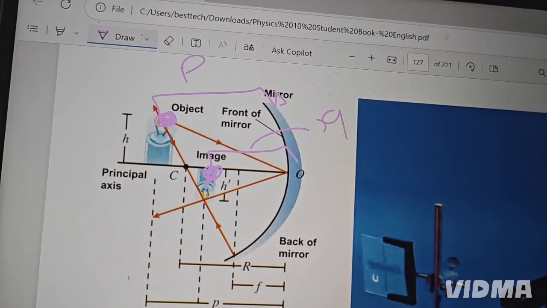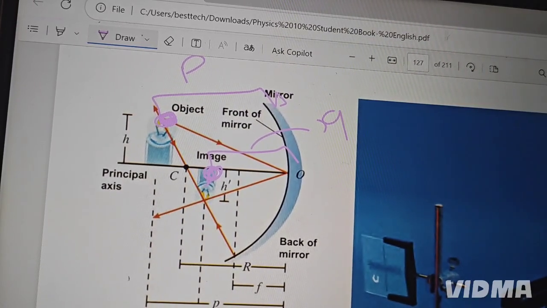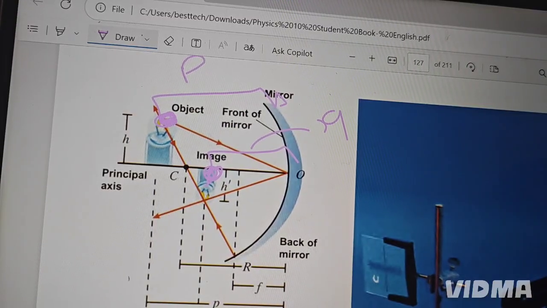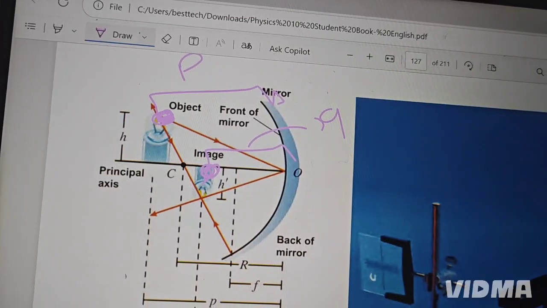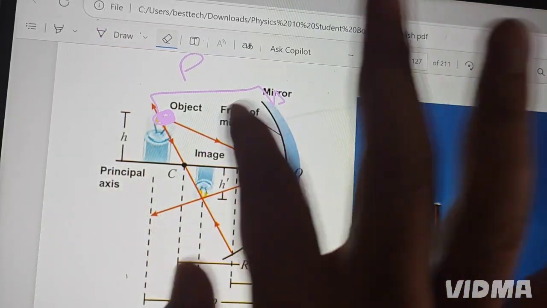F means focal length. So take a look. Let me erase this.